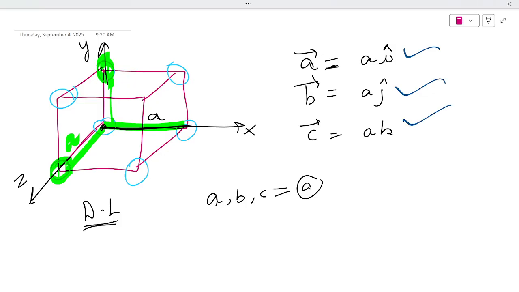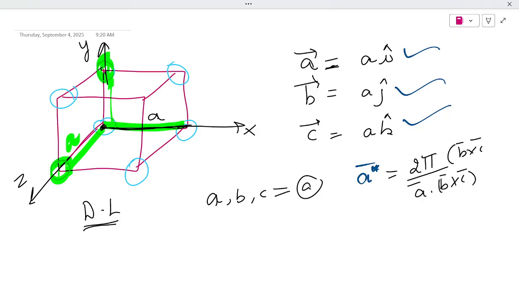Now I want to find out A star, B star and C star. And we have got the expression for A star, B star and C star. So let's write it. That we have calculated equals 2 pi divided by A dot B cross C, B cross C. Everything here is a vector.